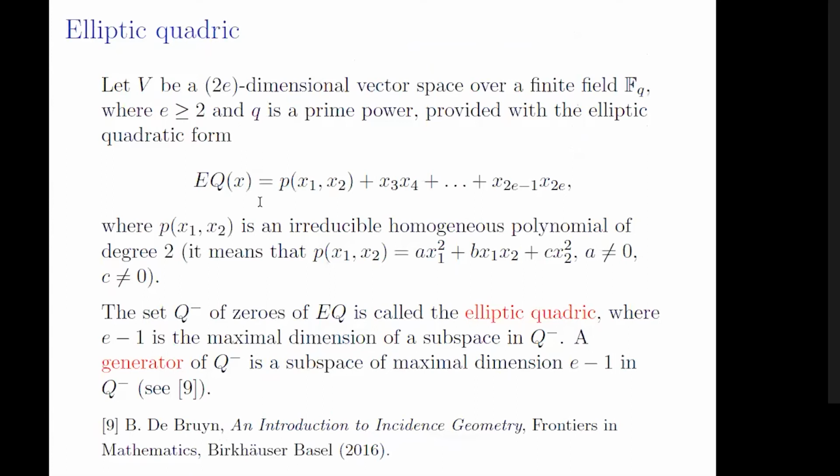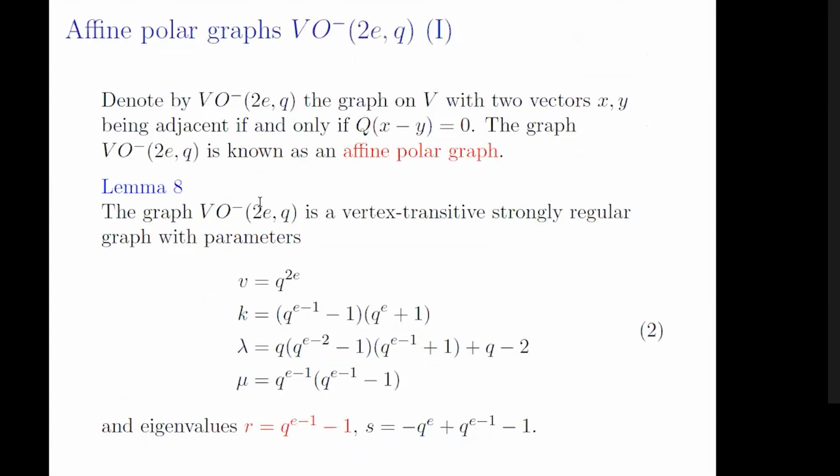And in the same manner, we consider the other family of affine polar graphs, and the eigenvalue will be q^(e-1) minus 1, which is also an eigenvalue of several more strongly regular graphs related to polar spaces.